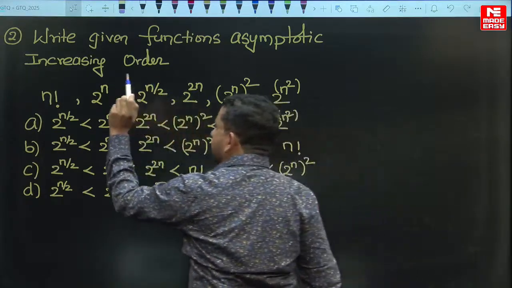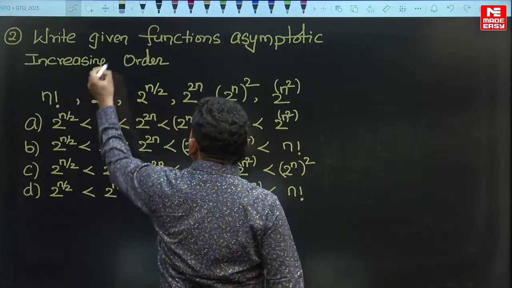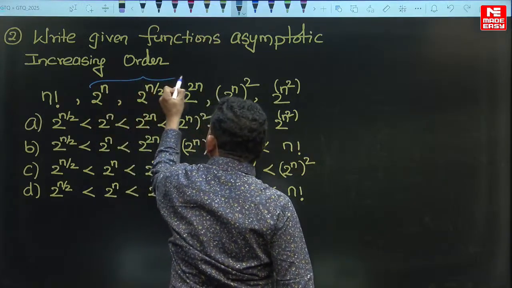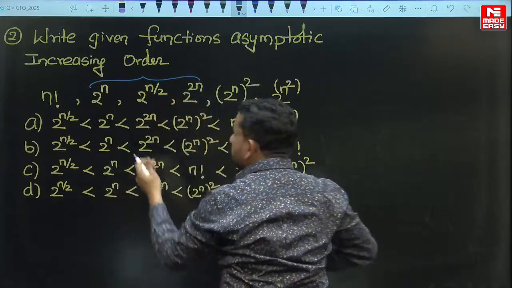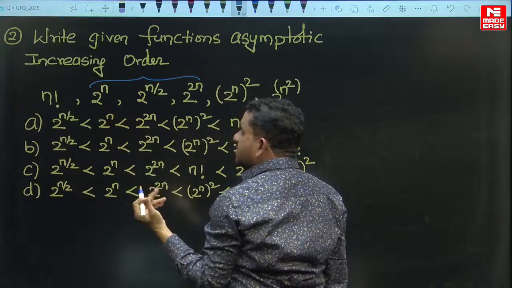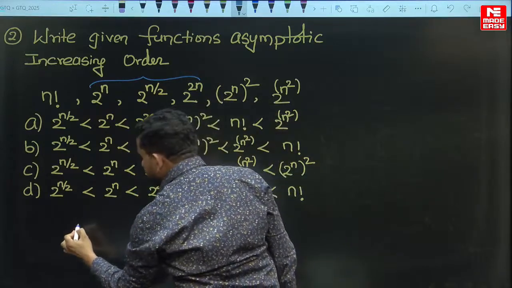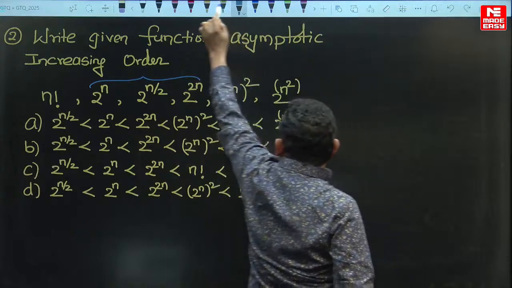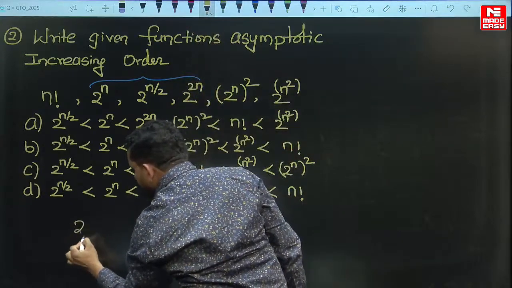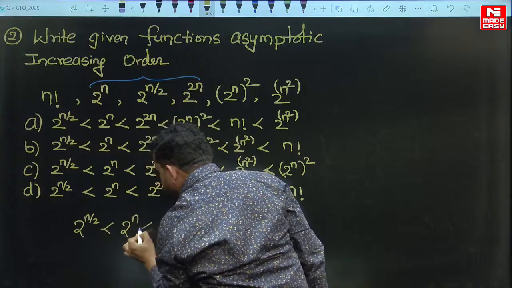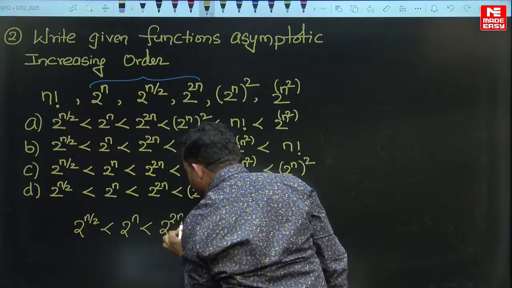Here you can apply the logarithm. We already know the asymptotic increasing order of these three functions, because the base is the same and the power is smaller, meaning asymptotically smaller. So 2 power n by 2 is asymptotically smaller than 2 power n, which is asymptotically smaller than 2 power 2n.